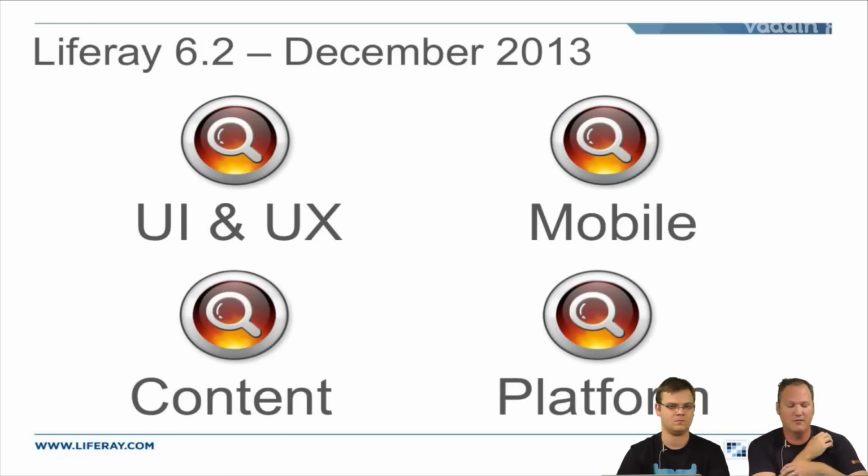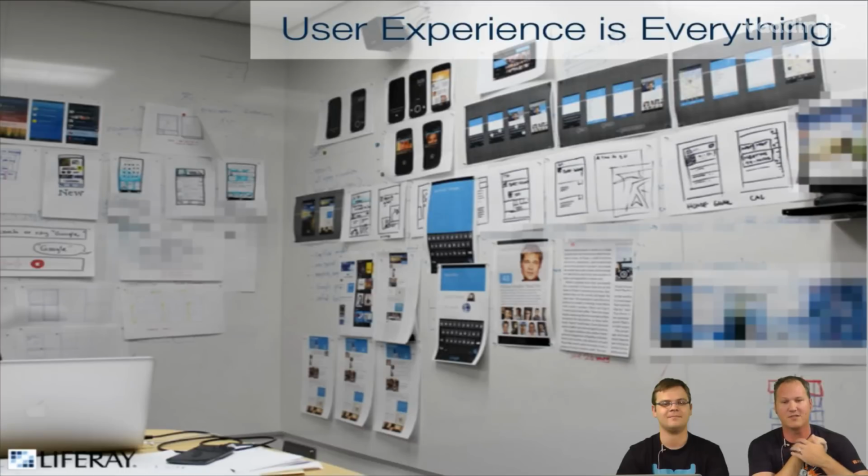Released late last year, we focused on 4 main areas. I'm going to hit a couple of them briefly, and then we'll move over to Vaadin. For Liferay, we did a huge overhaul in the user interface. Lots of new features for mobile. We've added a bunch of features in web content, and then the platform itself. The underlying portal got some interesting stuff.